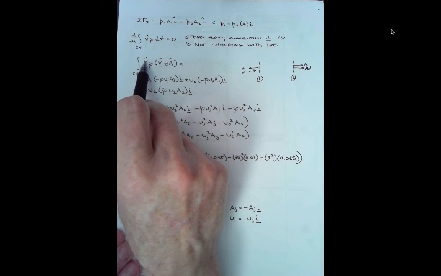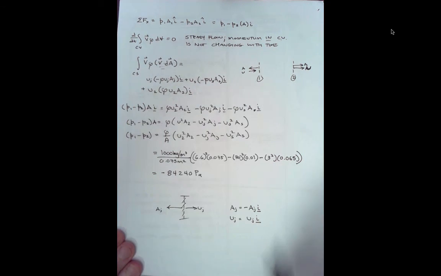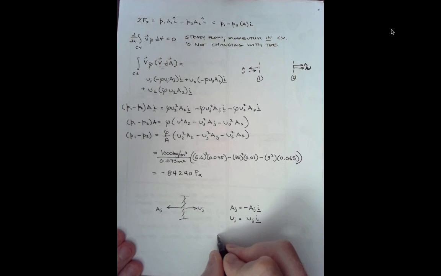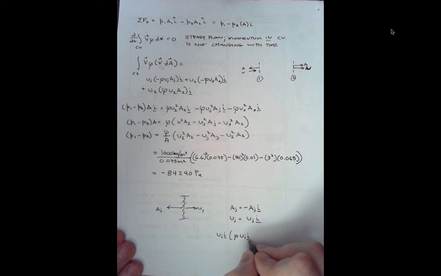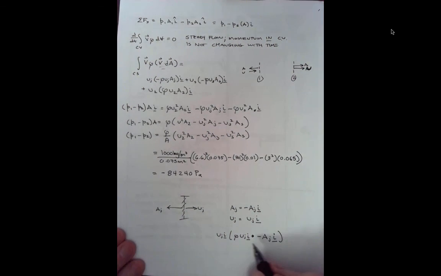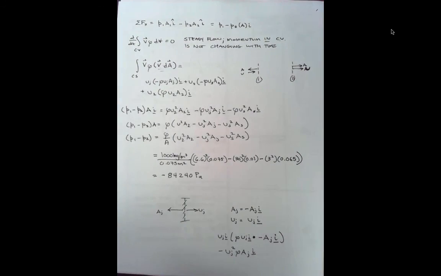When we do V rho V dot dA, we're doing velocity U sub jet i times rho U sub jet i dot minus A sub jet i. i dot i is 1. So we come up with minus U jet squared rho A jet, and it's still the i component from this part of the vector operation.